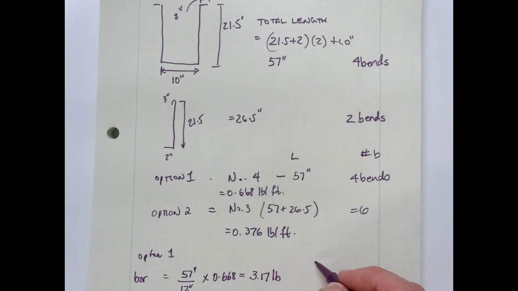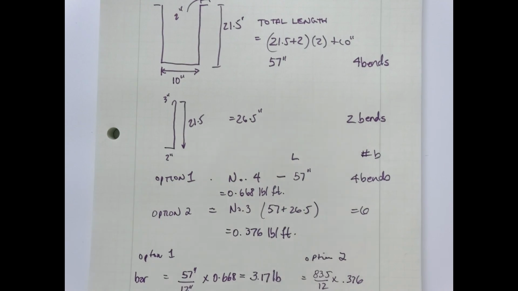And in option 2, it's now 57, 77, 83 and a half divided by 12, and that's the number of feet, multiplied by 0.376. 2.62.